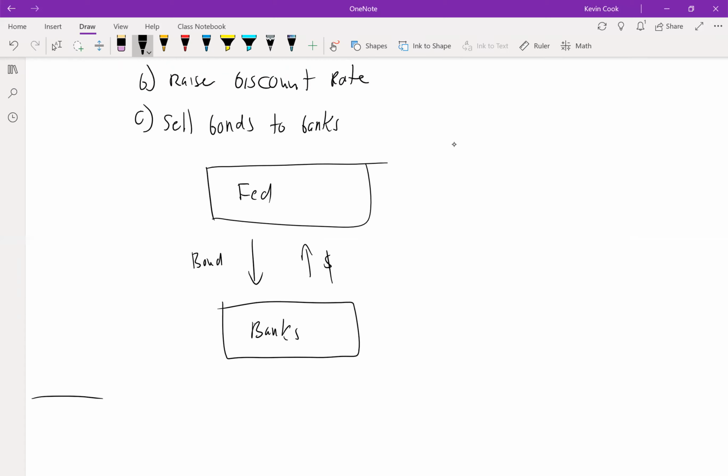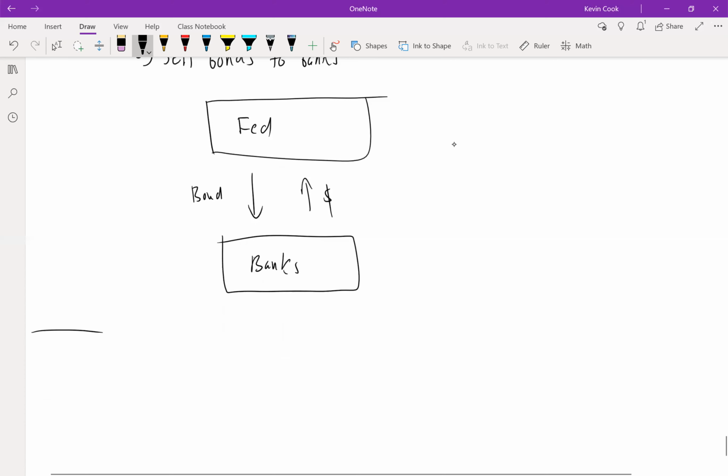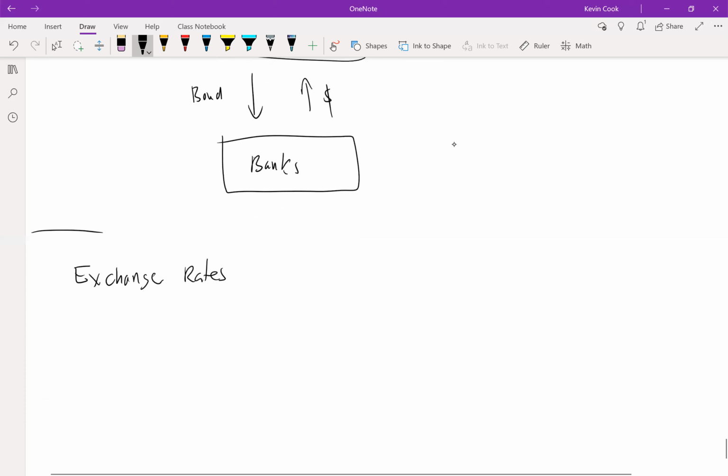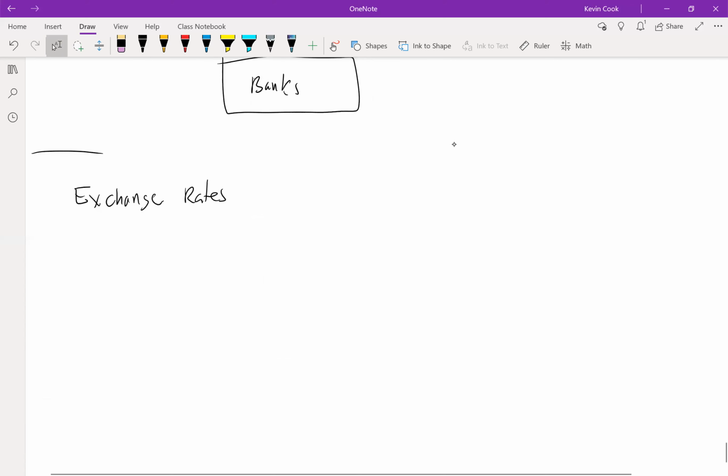So after this, we got into exchange rates and international capital flows, but mainly exchange rates. And with our exchange rates, a few things we looked at: we thought about exchange rates and these international flows.